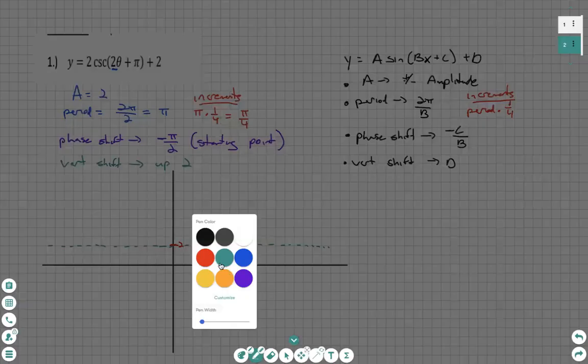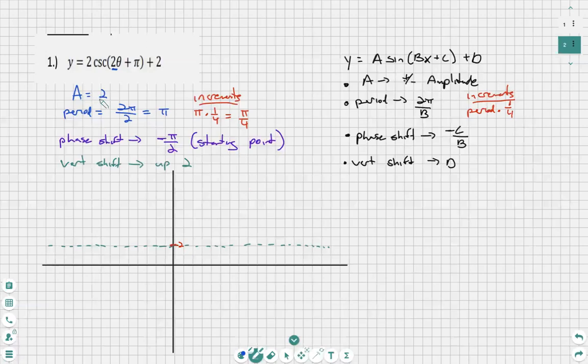Next, we use the amplitude to go above the midline 2 and below the midline 2. So we go up 2 to 4, down 2 to 0. We draw some more dotted lines because that is our restriction on the wavelength if it was just sine and cosine. That's how we apply our amplitude.